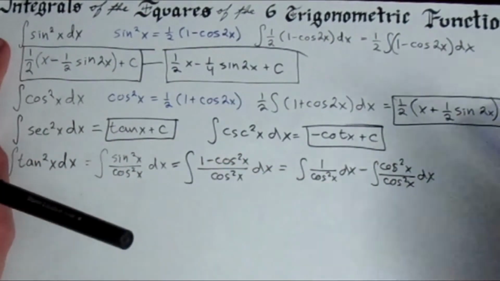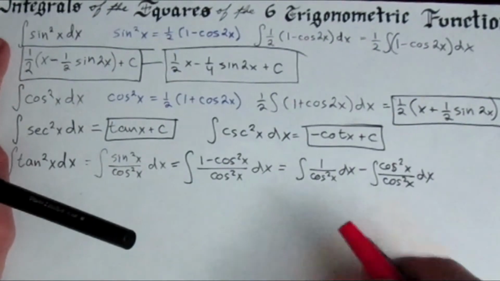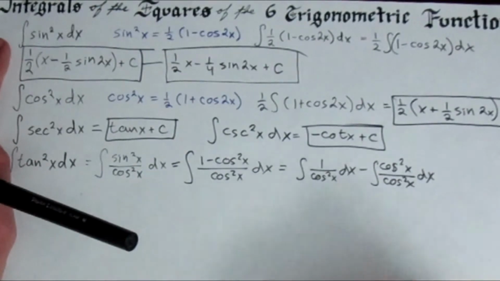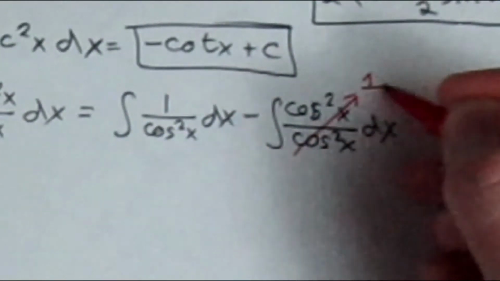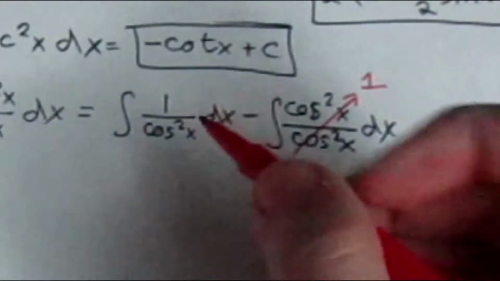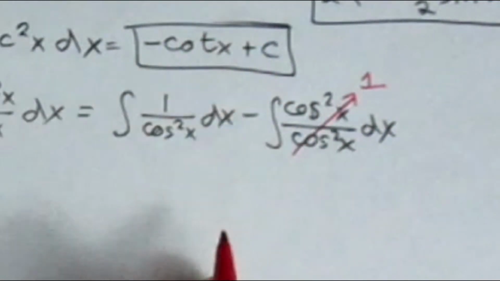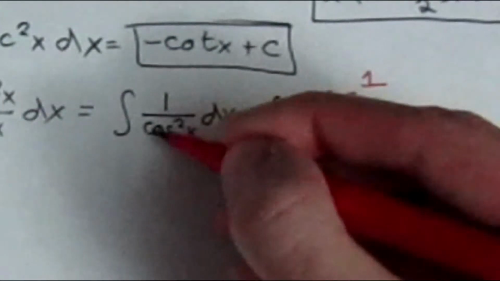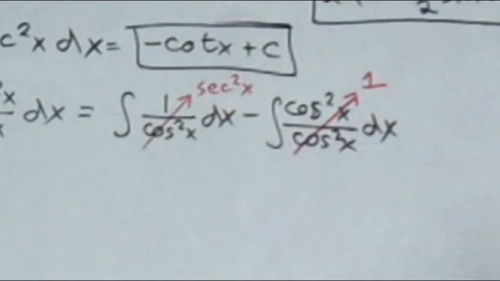I broke up the fractions with common denominators, and then I broke up the integral sign. This part is easy; it's just 1. And what is 1 over cosine squared x? Recall from trigonometry, 1 over cosine is secant. So 1 over cosine squared is secant squared x.